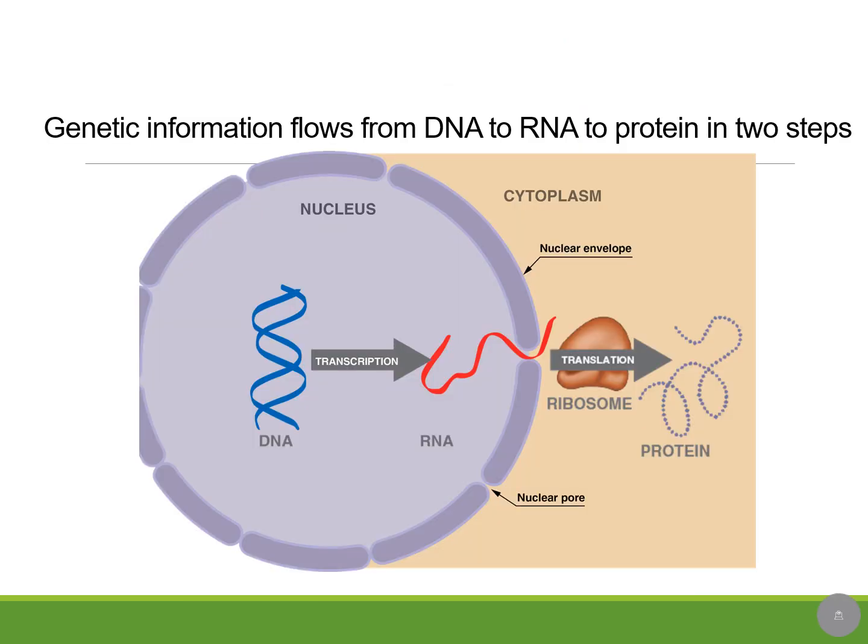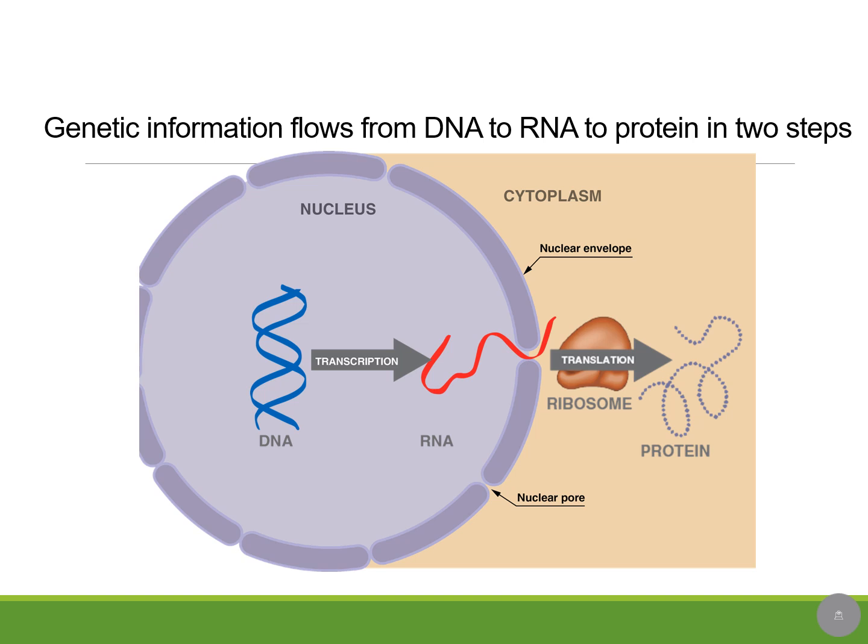So how this works in terms of genetic flow is that DNA to RNA to protein occurs in two steps, and the two steps are transcription and translation. So DNA, remember, is found in the nucleus inside of the cell. DNA then is going to be transcribed into RNA, still within the structure of the nucleus.